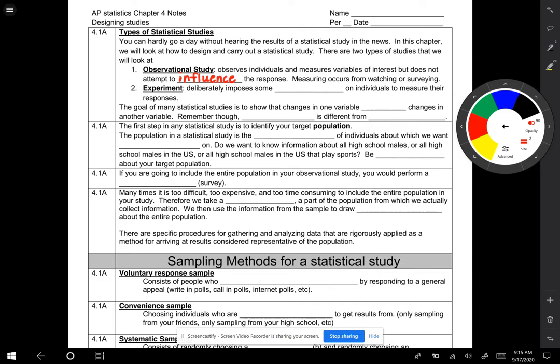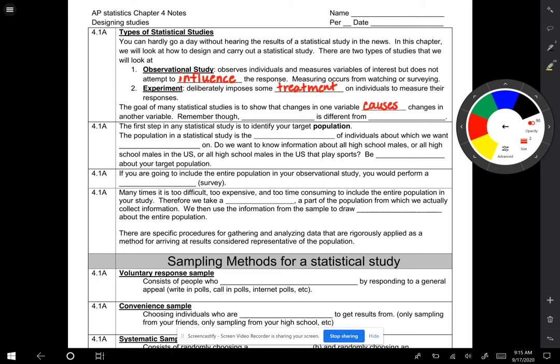An experiment, on the other hand, deliberately imposes some sort of treatment on individuals to measure their responses. The goal of many statistical studies is to show that changes in one variable cause changes in another variable.